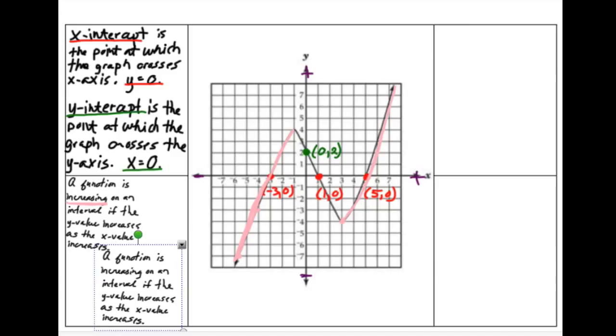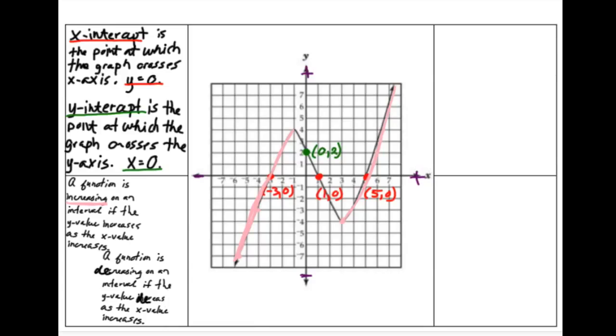So I'm just copying that statement again because I just want to say that if a function is decreasing on an interval, this is the opposite now, right? If the y value decreases as the x value increases.